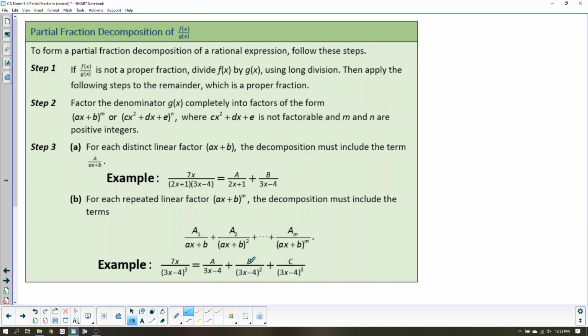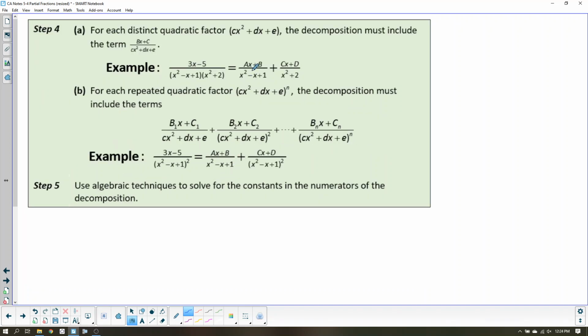The degree of this is 1, the degree of that is 0. It's 1 less. When we go to the quadratic factors, the degree of the top has to be 1, since the degree of the denominator is a 2. So it gets more complicated. Now we have 4 variables to solve for, A, B, C, and D. So the ones with quadratic factors, they're not very nice.